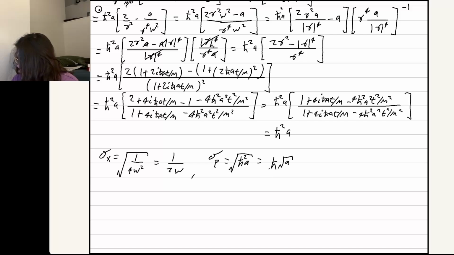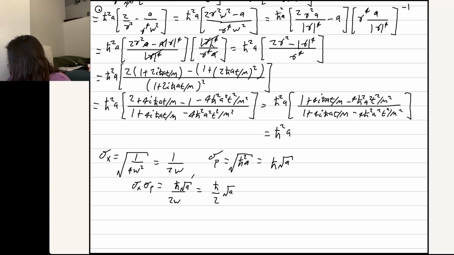And then sigma x, sigma p will be 1 over 2w h bar root a.